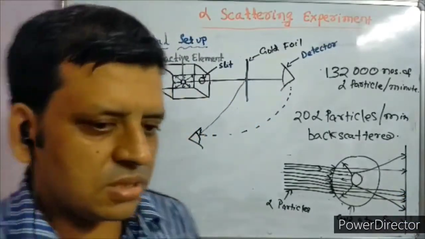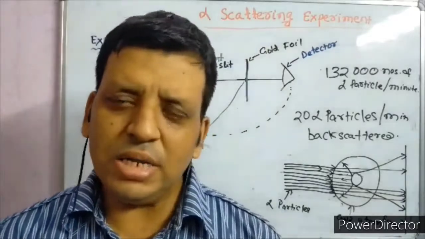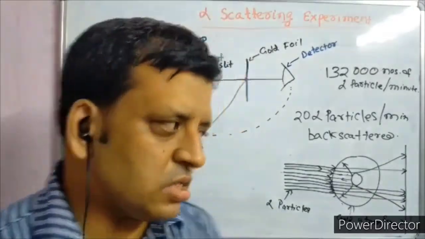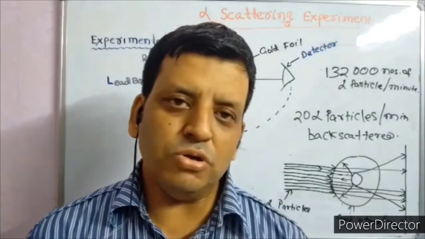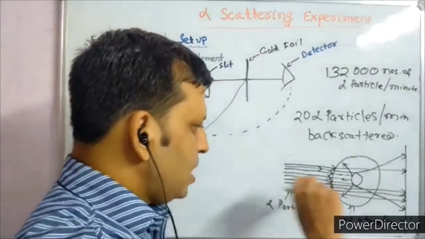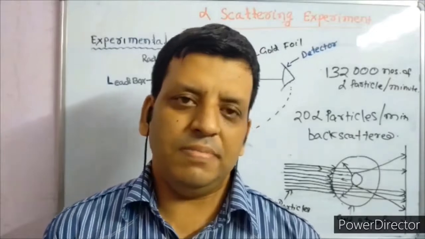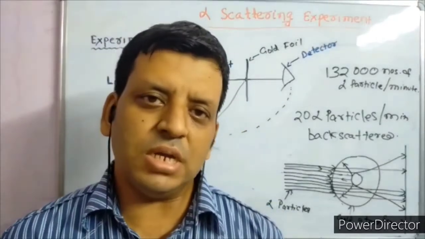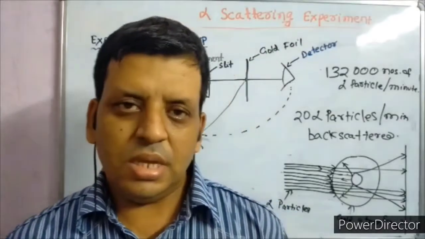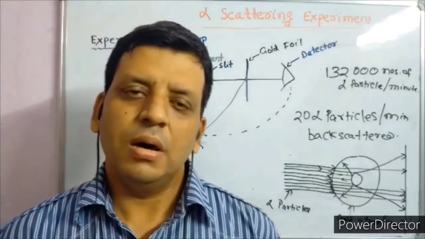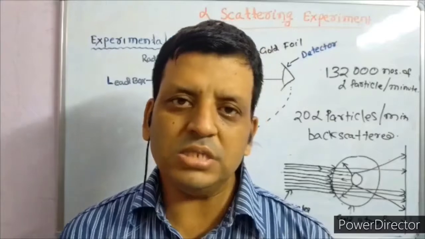without any deviation. So what he thought was that because most of the alpha particles are able to pass through this gold atom, and when the number was taken, it was found to be around 99.86 percent, he assumed that most of the gold atom is empty.